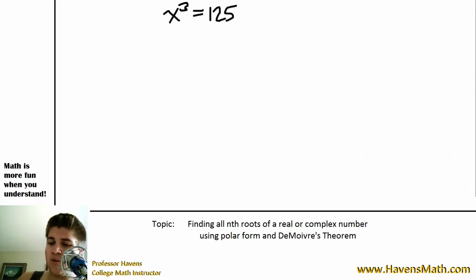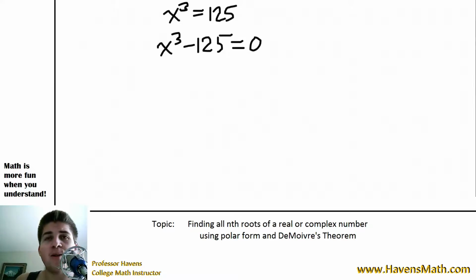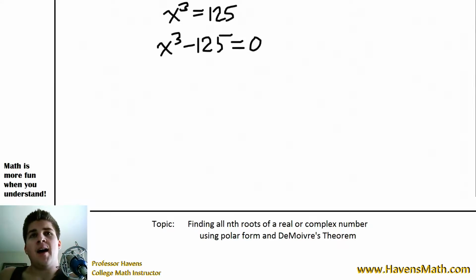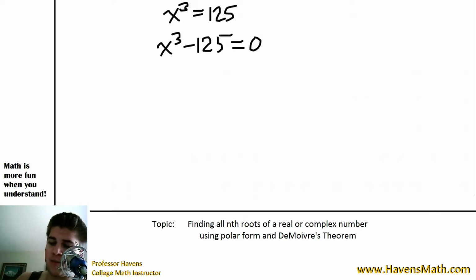Going back to basic algebra, if we subtract 125 from both sides and try to factor this polynomial, if we can fully factor it, we can find all the roots. You might recognize x cubed minus 125 as the difference of cubes, because both numbers are cubes. So this can be factored formulaically.